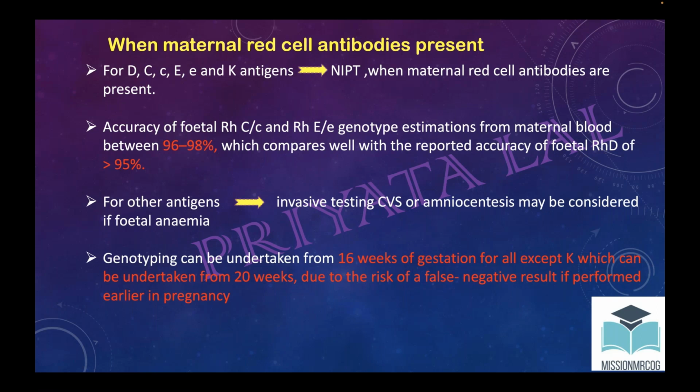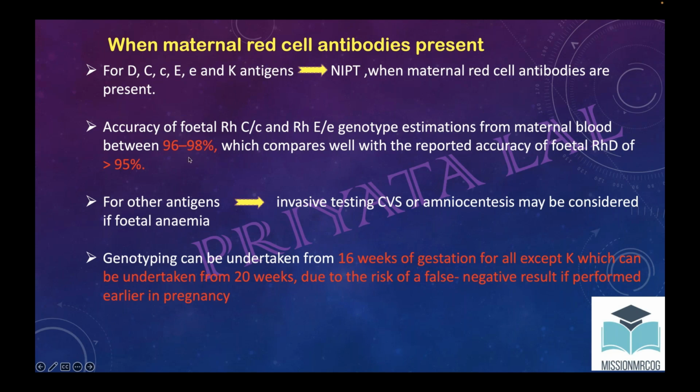There are two ways. For antigens D, C, c, E and K, so DCEK, NIPT can be done. That is free fetal DNA, with which they will be able to find whether the baby will have this antigen or not. Now, what is the accuracy?